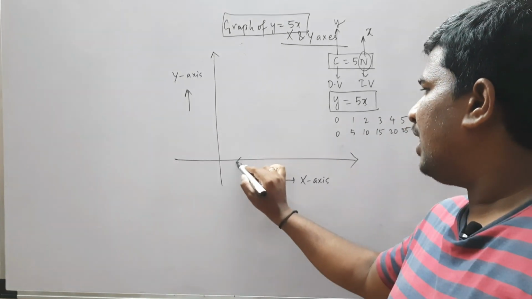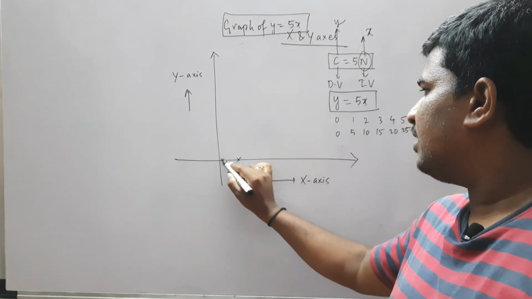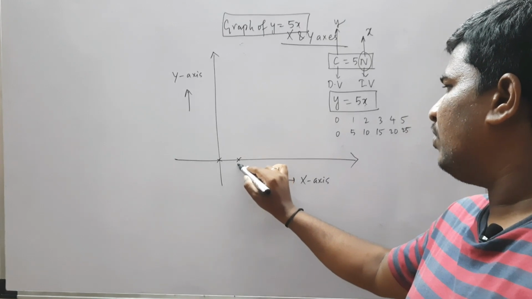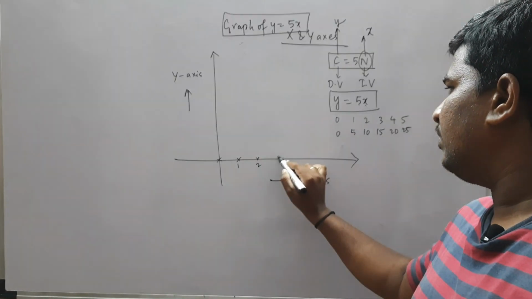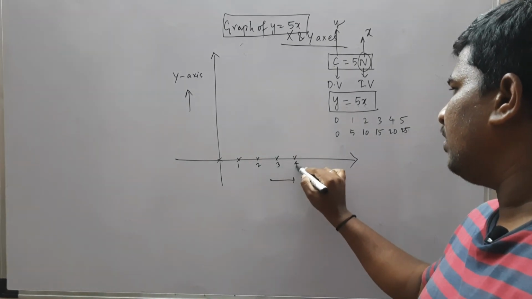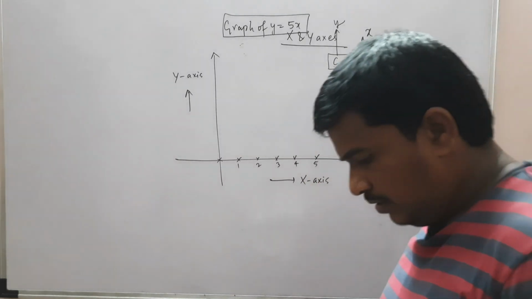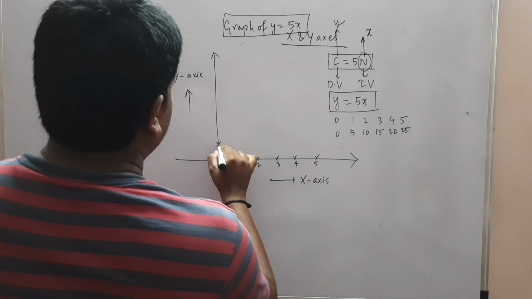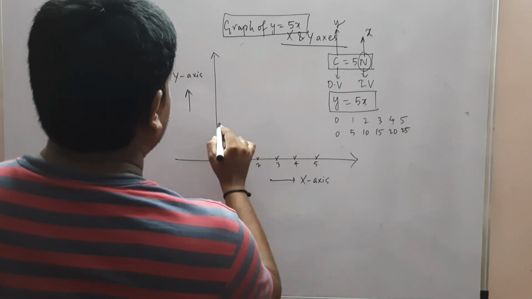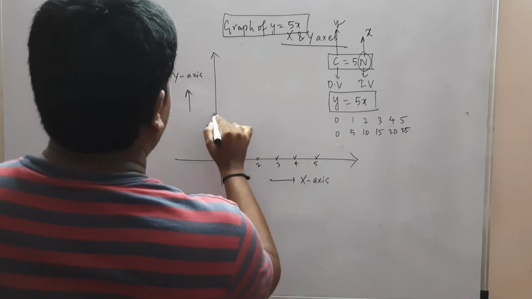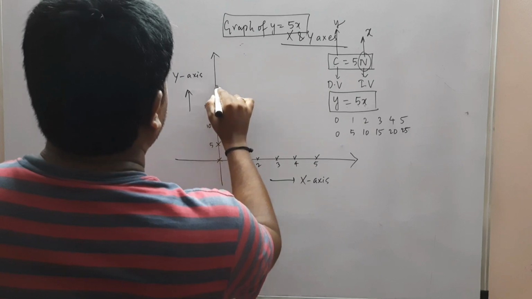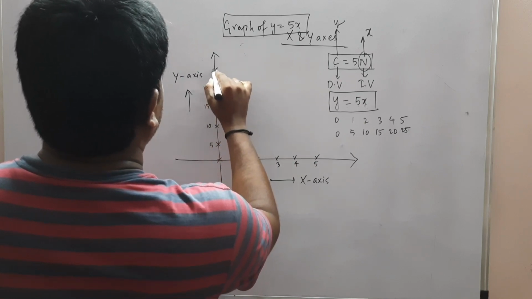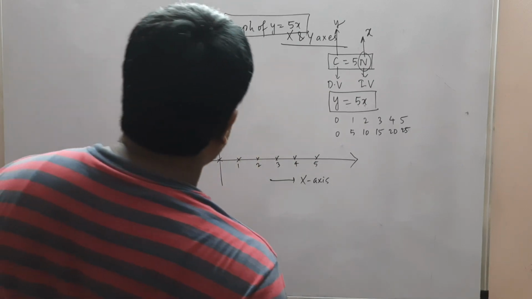On the x-axis I take 0, 1, 2, 3, 4, 5. On the y-axis I take 5, 10, 15, 20, 25.